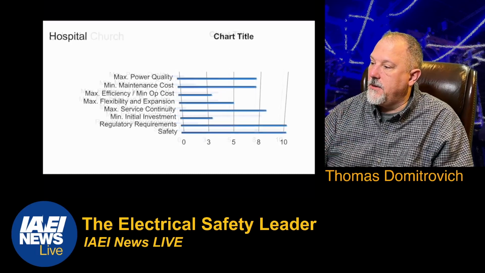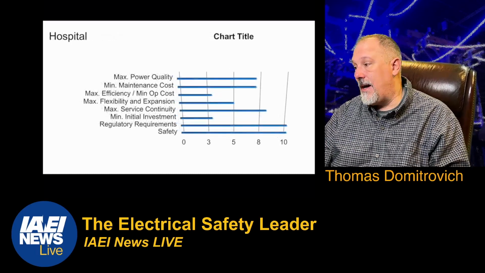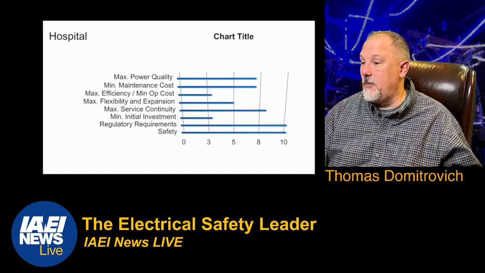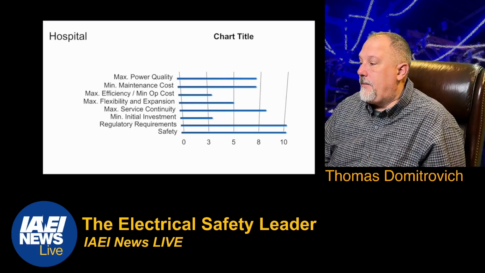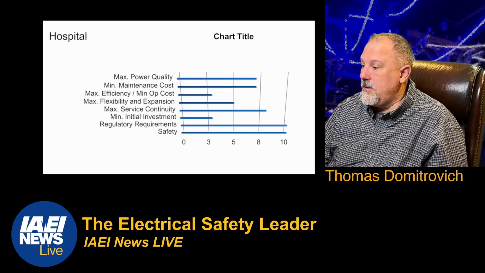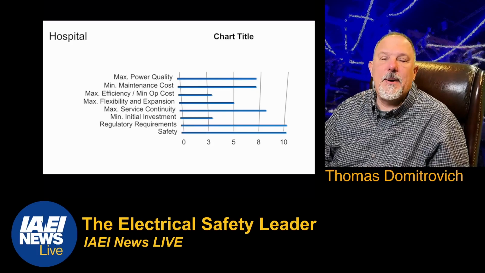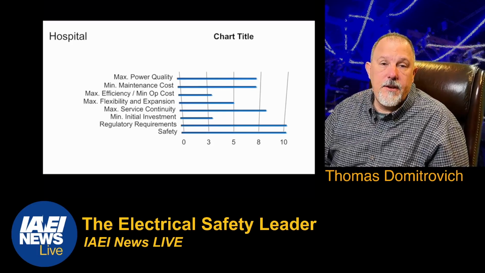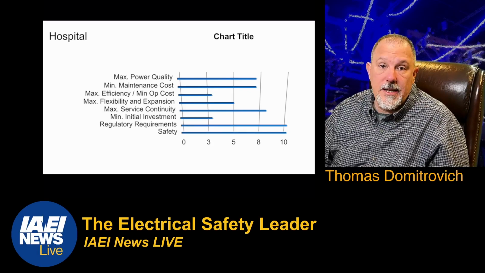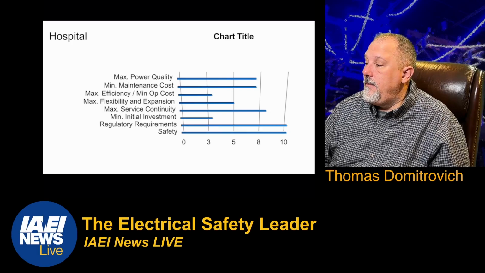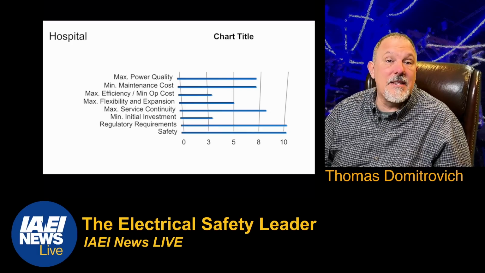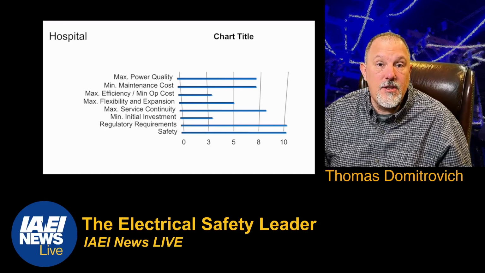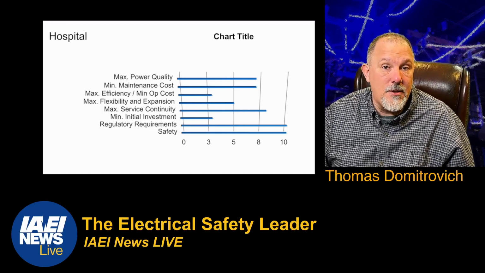Let's take a look at a hospital. Wow. A hospital gives you a little bit of a picture. Power quality is important. And when I say power quality, you might be talking about frequency and harmonic issues, maybe voltage transients. They want to minimize maintenance costs, right? I mean, these systems have generators, emergency systems, life-critical systems.